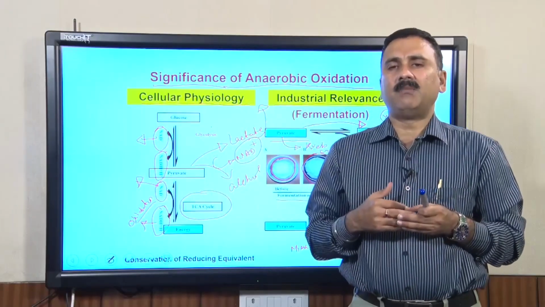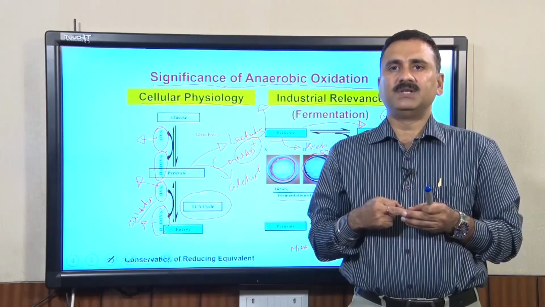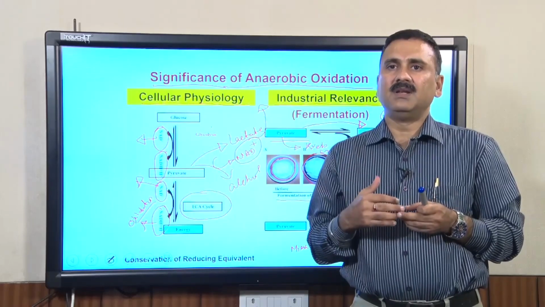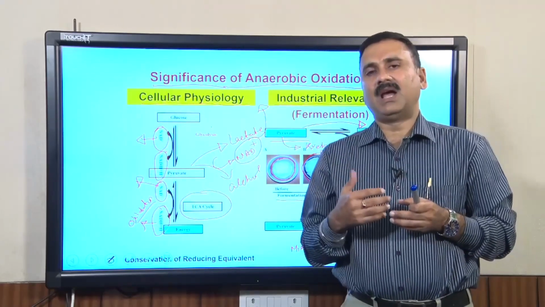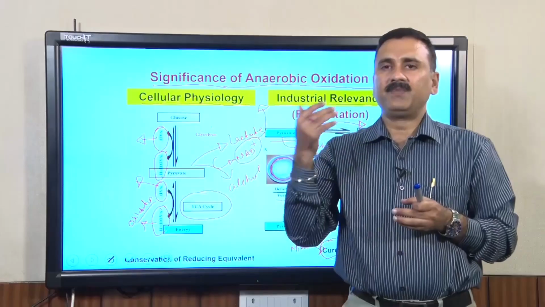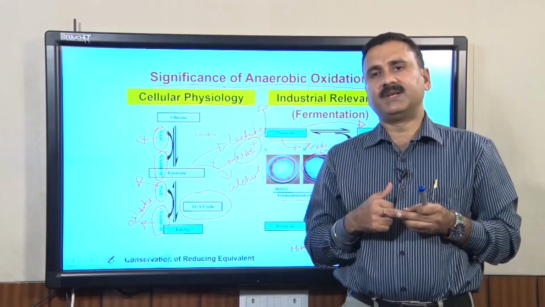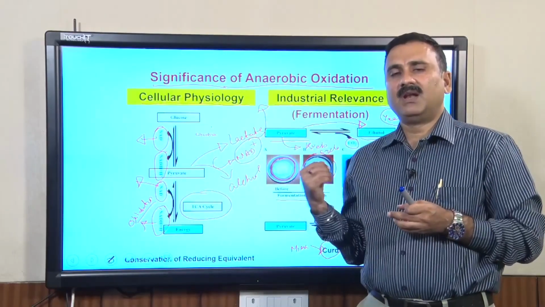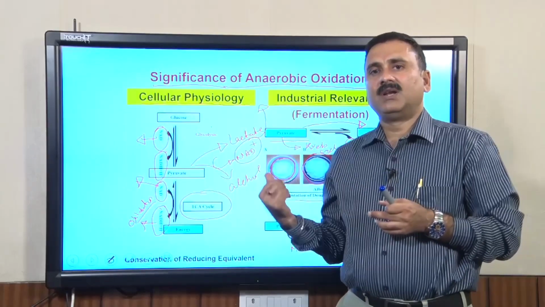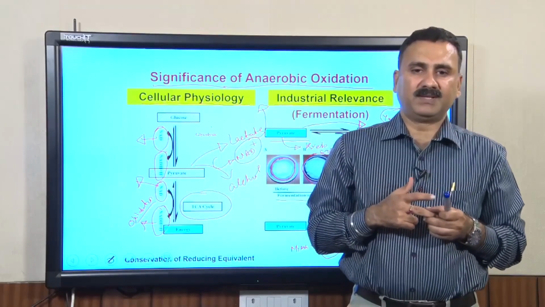We have also discussed the anaerobic oxidations and their relevance in sustaining the life of the organism, and at the end we have also discussed the industrial relevance or the physiological relevance of these anaerobic pathways.